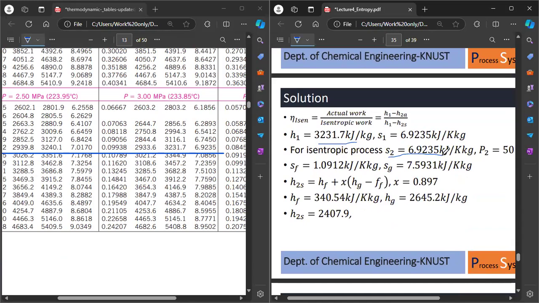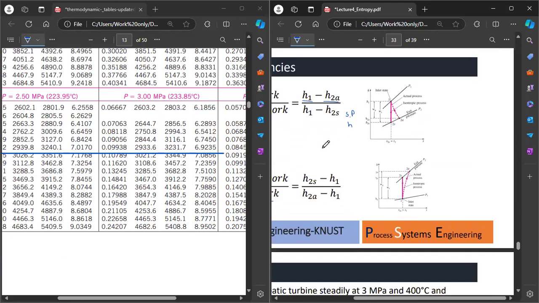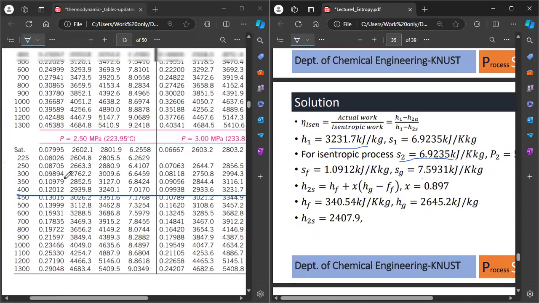So at that same entropy and at the pressure we have at the outlet, we are going to read so that we can get our enthalpy, right? So that's the exact same thing I was saying about the graph here. We are going to work with the entropy and then the exit pressure. So we have an entropy of 6.9235 and the exit pressure is 50 kilopascal.